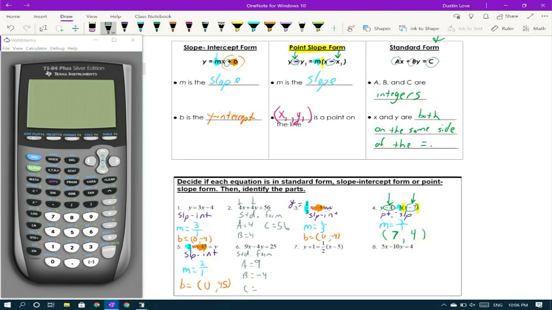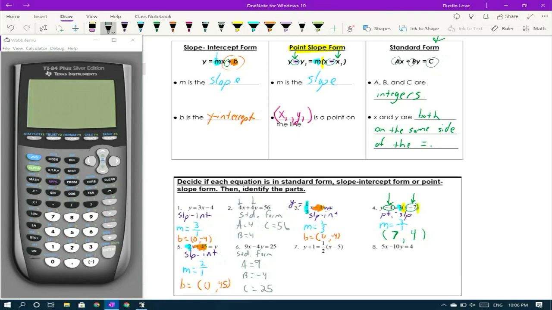Remember, sign counts. And C is the number on the other side, the constant term, which is 25. I know right now this seems useless, labeling A, B, and C. There's going to be some applications we have later on in the year where things are written in standard form, and getting used to figuring out what A, B, and C are will be important. It's just something that is going to come on later in the year.